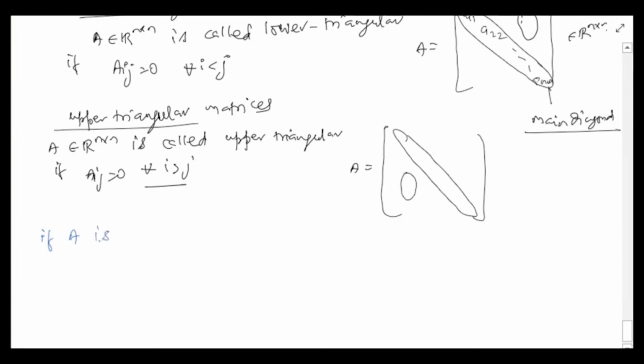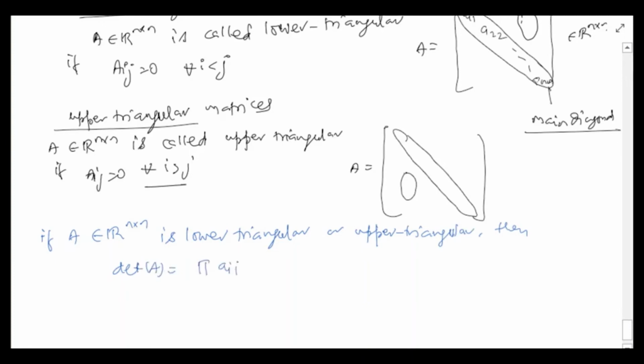That is, if A, an n cross n matrix, is lower triangular or upper triangular, then determinant of A is simply the product of entries along the main diagonal. It is the product of entries Aii.